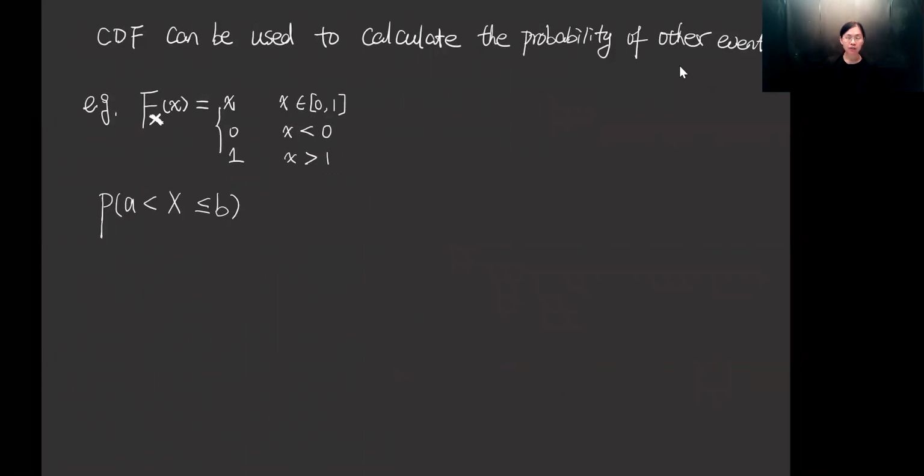The cumulative distribution function can be used to calculate probabilities of other events. For example, given this CDF, we can calculate the probability that X belongs to some interval. How do we do that?